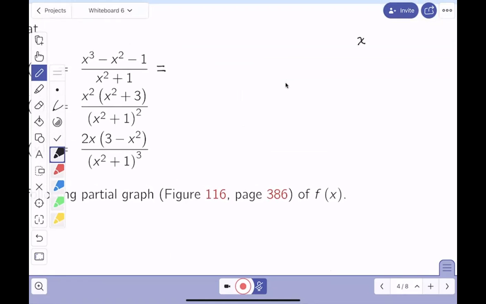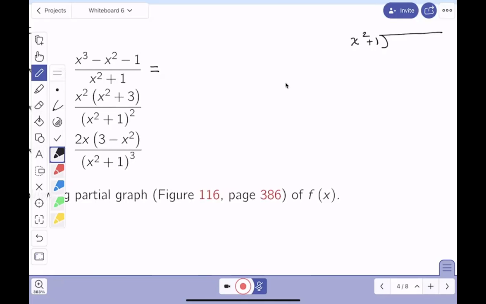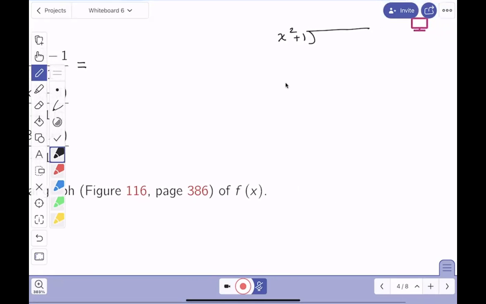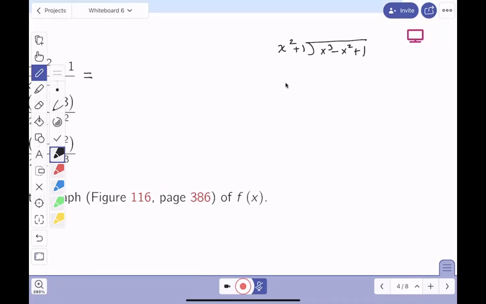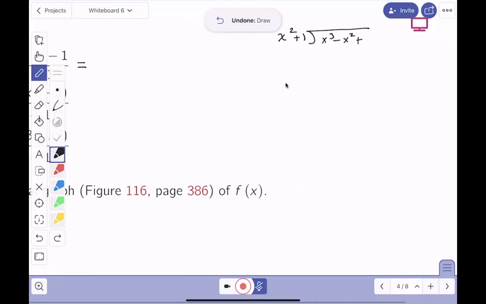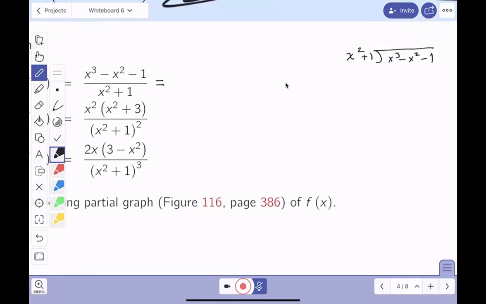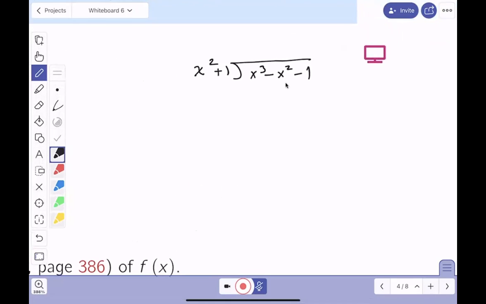You get x squared plus 1 being divided into x cubed minus x squared. I'm sorry, it's -1. Make sure I copy that down right. Yeah, let's go for it. What would you get? Oh, just x, I guess, right?